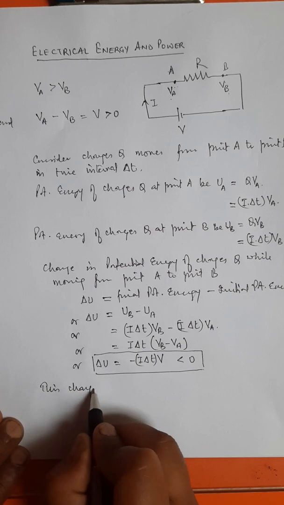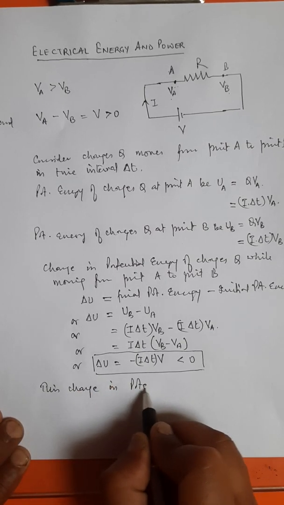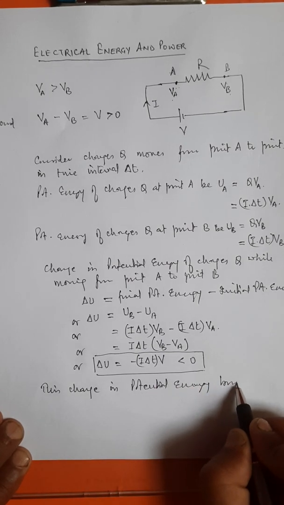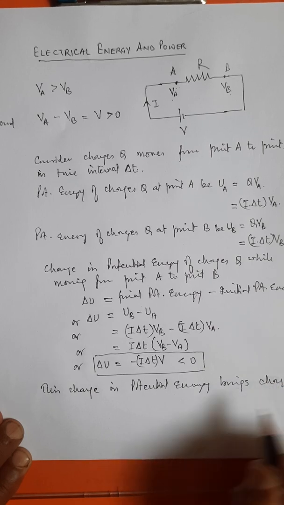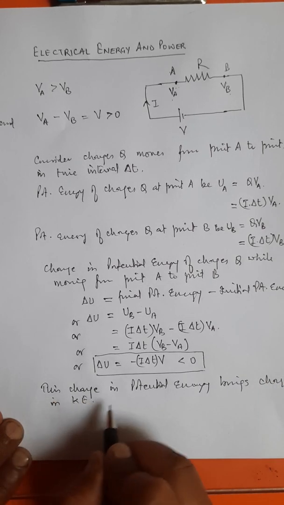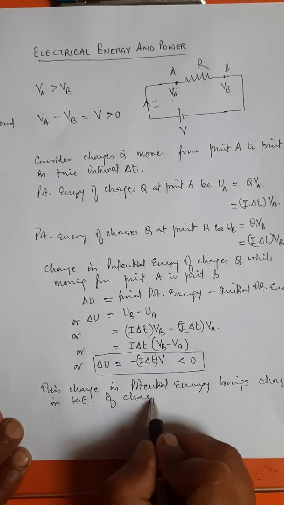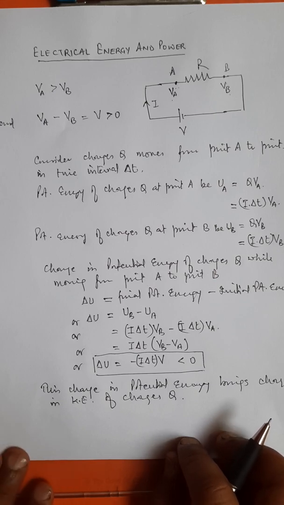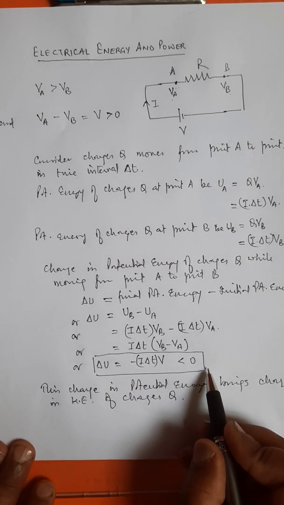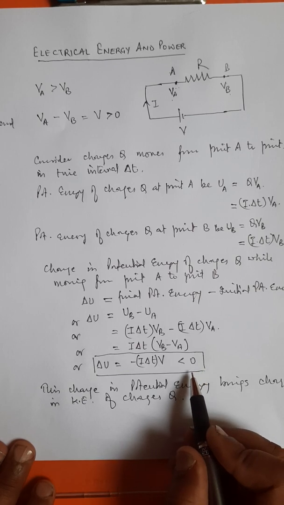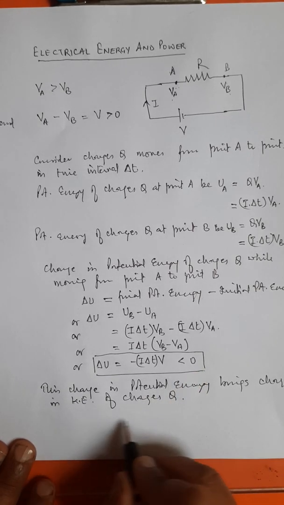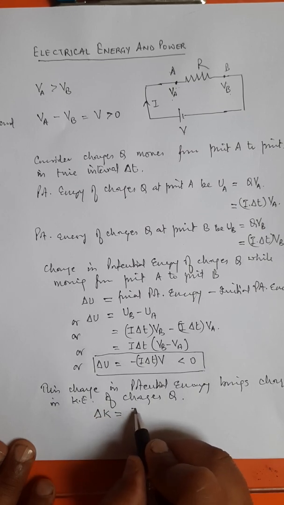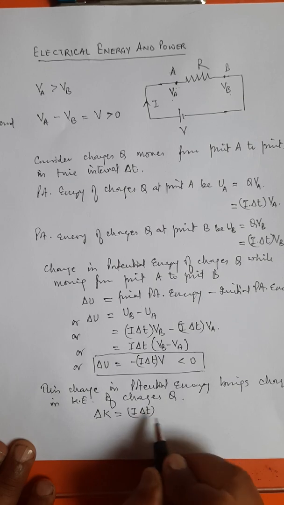This change in potential energy brings change in kinetic energy of charge Q. So if there is a decrease in the potential energy of the charges, there will be an increase in the kinetic energy. So the change in the kinetic energy is equal to I delta T V.